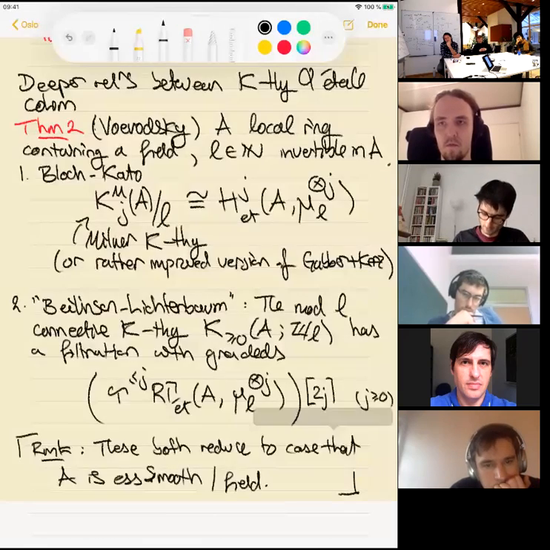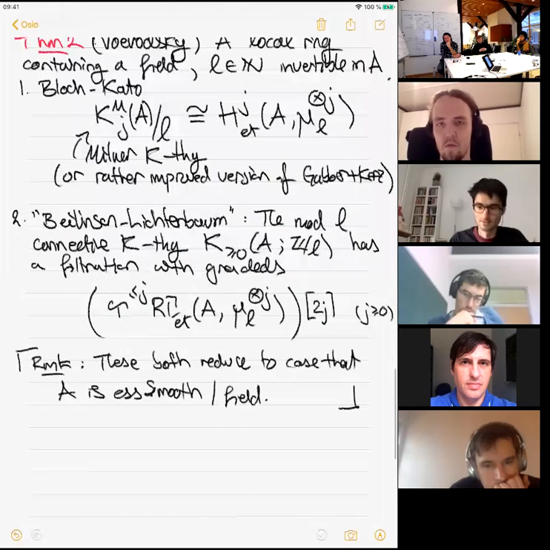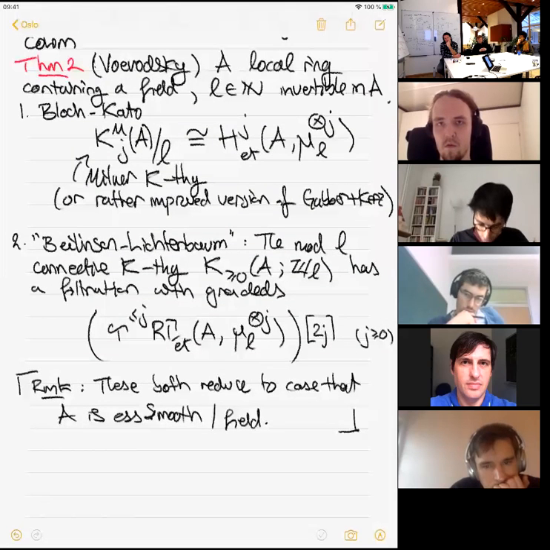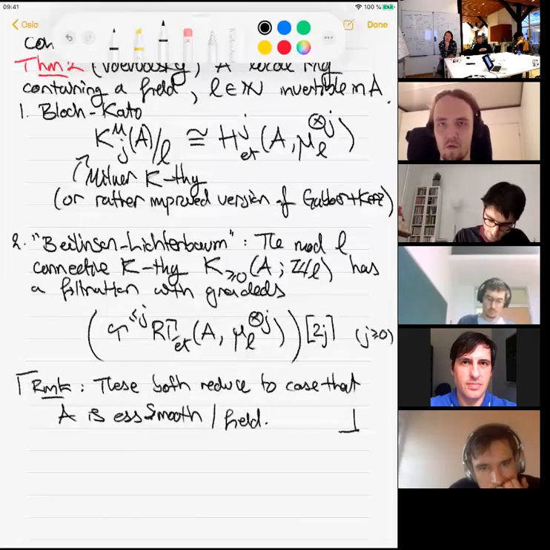Sorry, can I have another question? Please. In characteristic P, if L equals P, don't we have the same filtration of K theory with mod P coefficients? So you always assume that L is invertible.